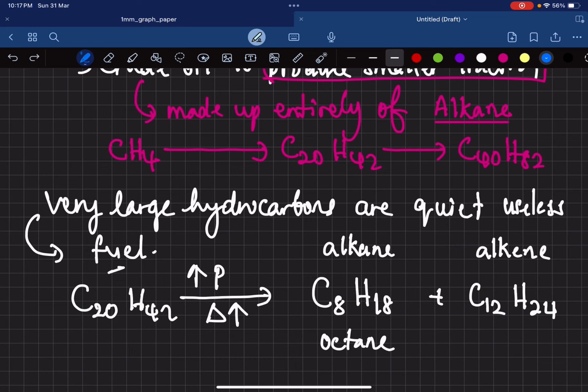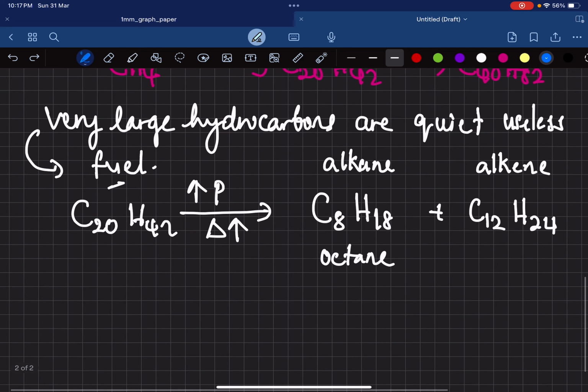So that's what cracking is all about. So the products of cracking can be an alkane and an alkene, or they can be just an alkene. Let's say, for example, you might just get C10H20.